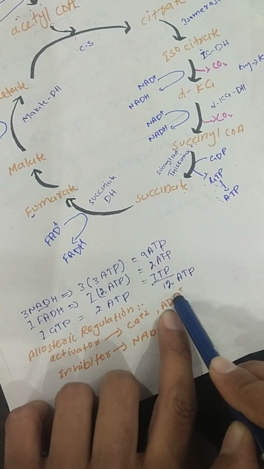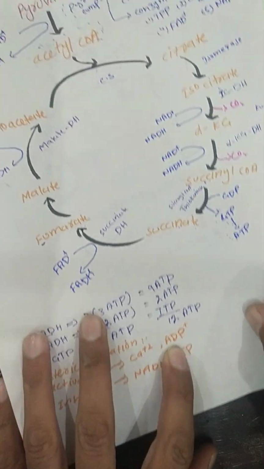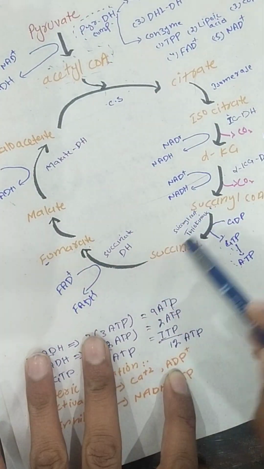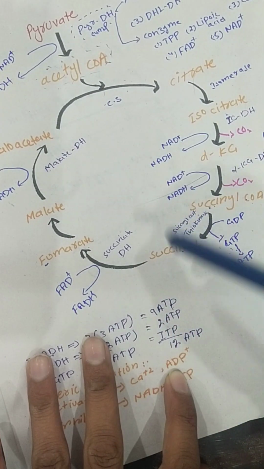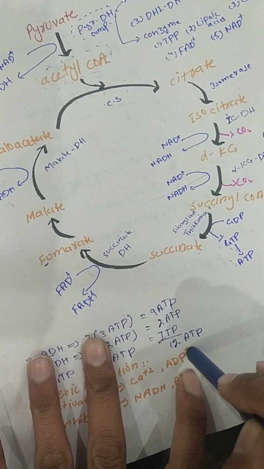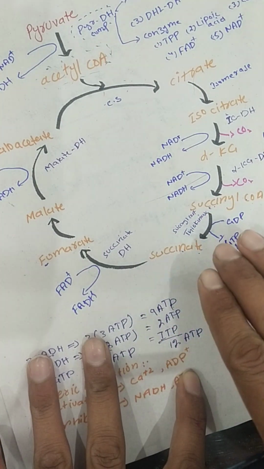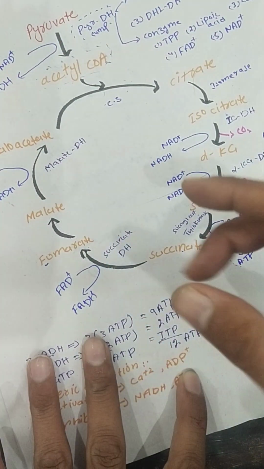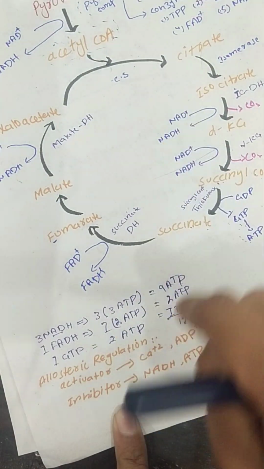ADP means we have low energy. So when we have low energy, we degrade this pyruvate to get ATP and NADH, which further gives 3 ATP. So when ADP is present, it tells that the body has less ATP. Okay, when we have less ATP, we do this TCA cycle to get more ATP. So these are called the activators of this reaction.